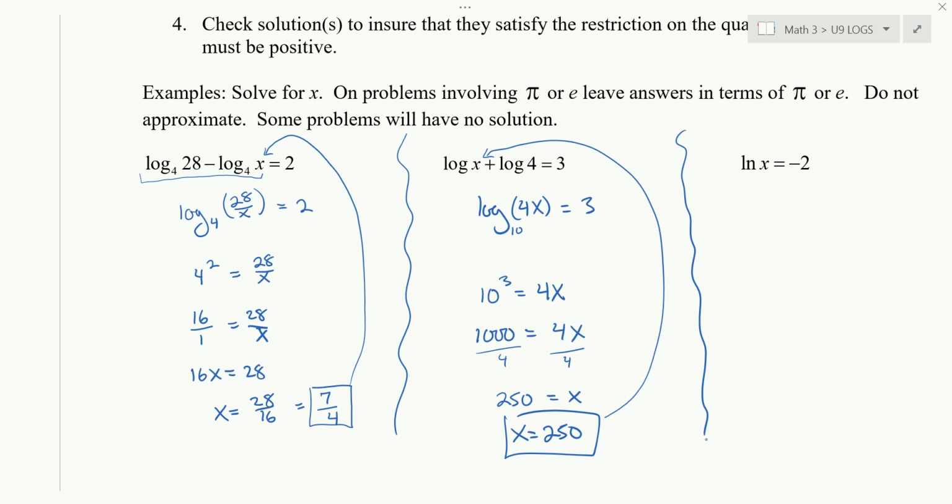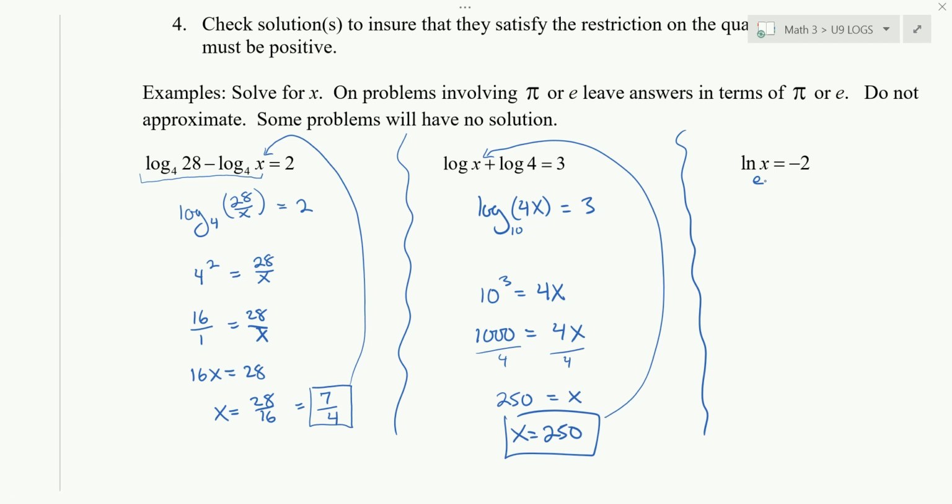Okay, so on this one, step 1 is to condense. Do we need to condense? No. So then step 2 is to change it out of log form into exponential form. And we know that because there's only one log on one side and not on the other. And what's our base here? If you have the ln, e is the hidden base. So there are only 2 hidden bases that we need to know about. If you have log, it's base 10.